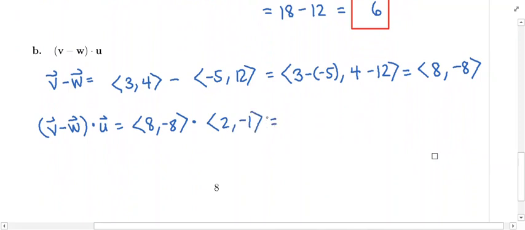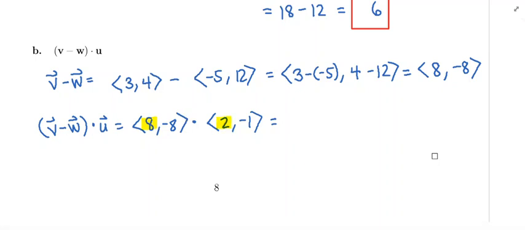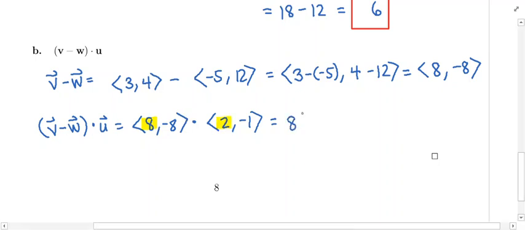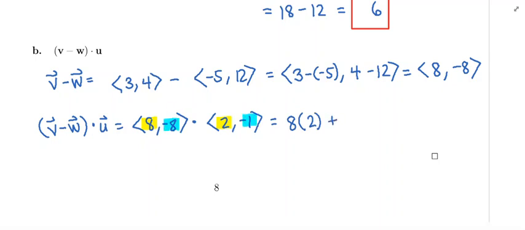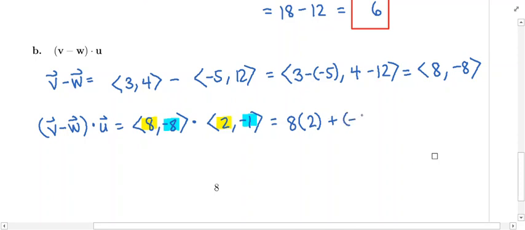The answer should be just a number. I'm going to take my horizontal components and multiply them together, so I'm going to get 8 times 2. I'm going to add the result of multiplying my vertical components. That's -8 times -1. My answer will be 16 plus 8. So the dot product here is 24.